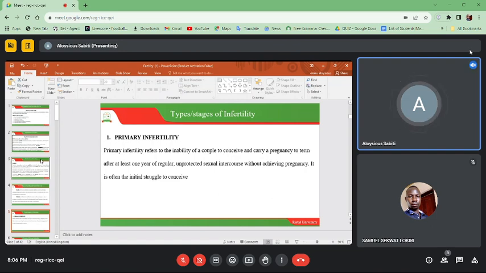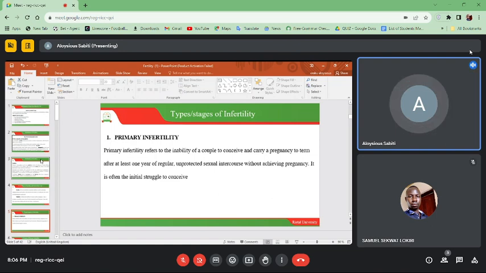Here the word couple may mean both, but here we're looking at a woman, but also we know that sometimes a man might be the one who is sterile. So it is your inability to conceive and carry a pregnancy to term after at least 1 year of regular and unprotected sexual intercourse without achieving pregnancy. It is often the initial struggle to conceive.